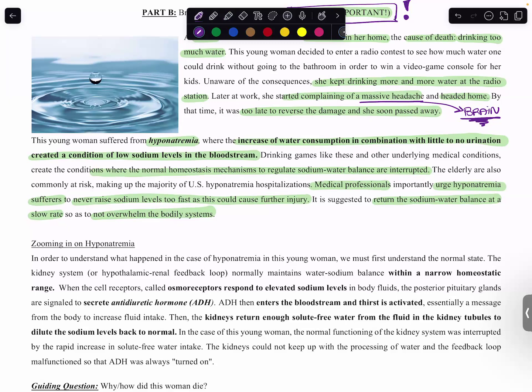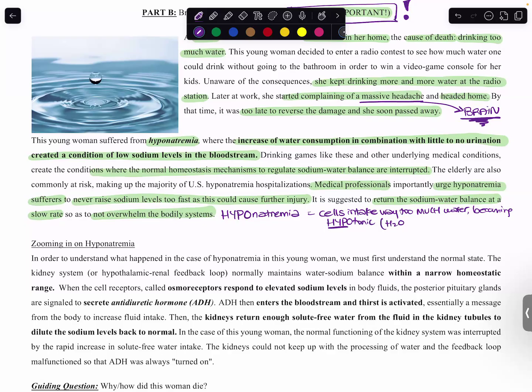Okay? Now if I look at hyponatremia, I see that word hypo, which reminded me of hippo. Hyponatremia is cells taking in way too much water, becoming hypotonic, right?